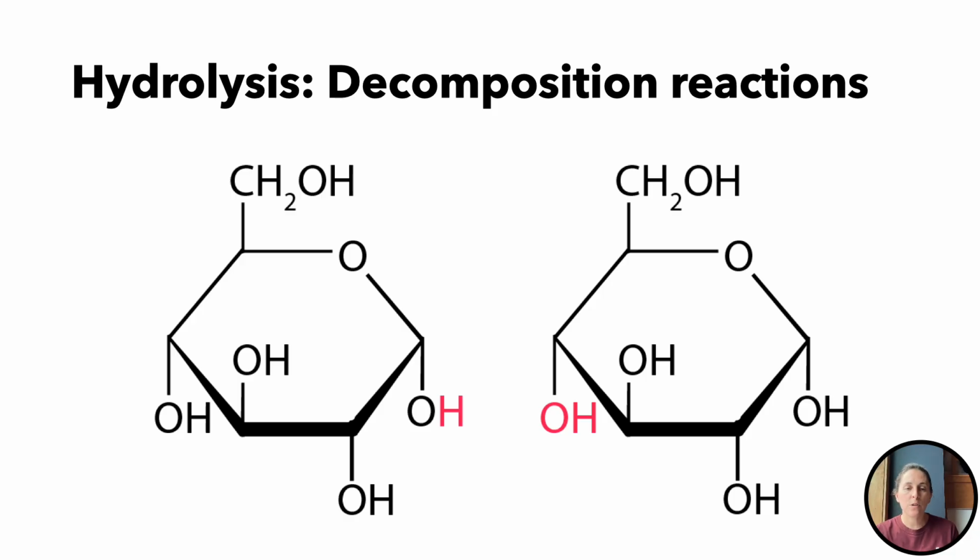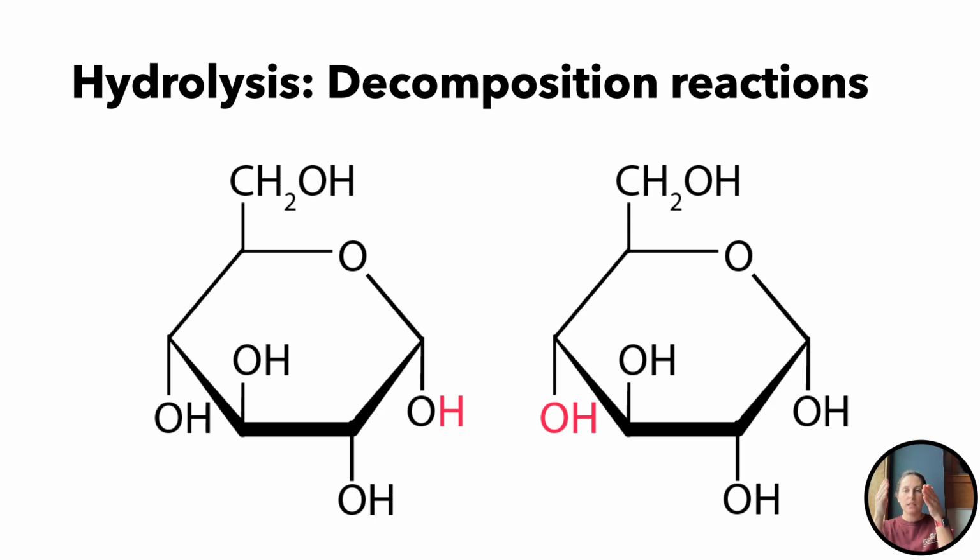You'll see that the original O that formed the bond will go over to the glucose on the left side, and we have the breaking of the water molecule so that there's an H there, and then an OH, or a hydroxyl, over on the glucose on the right side. So that's kind of what that type of reaction looks like.